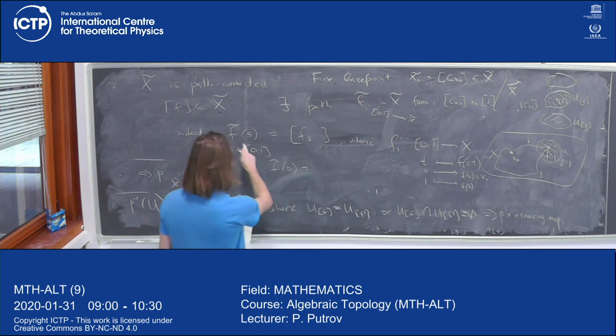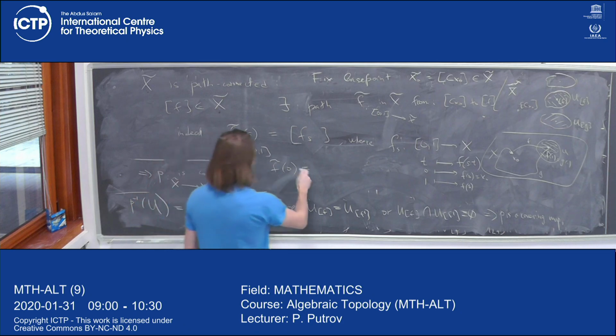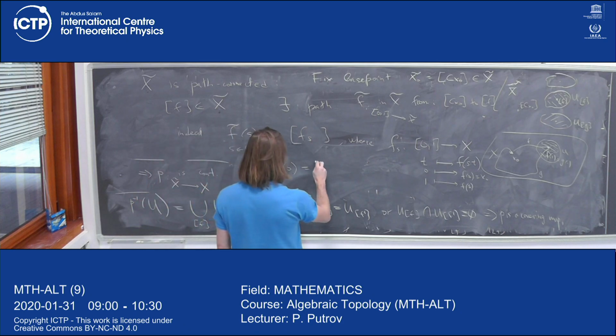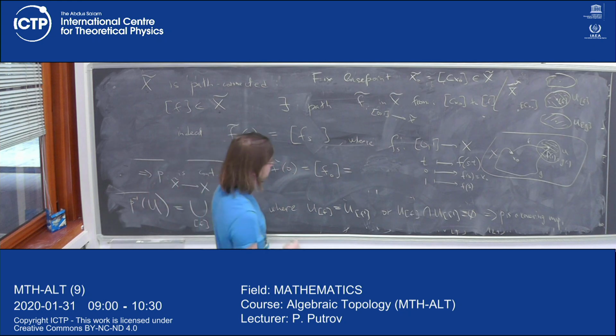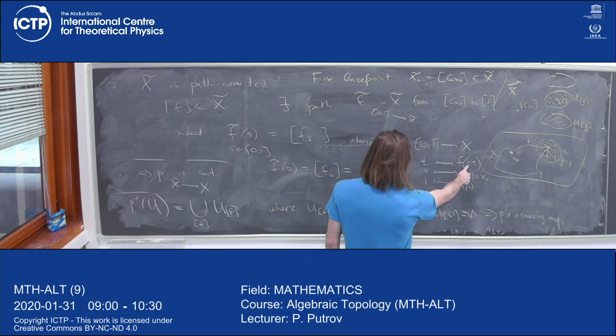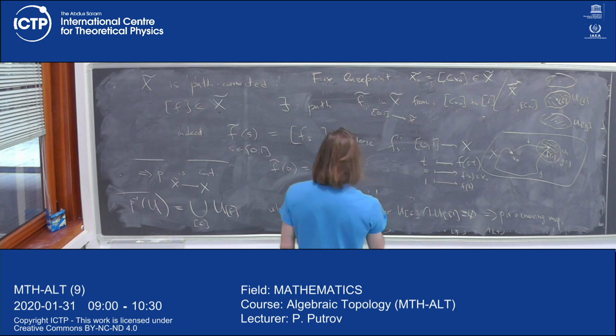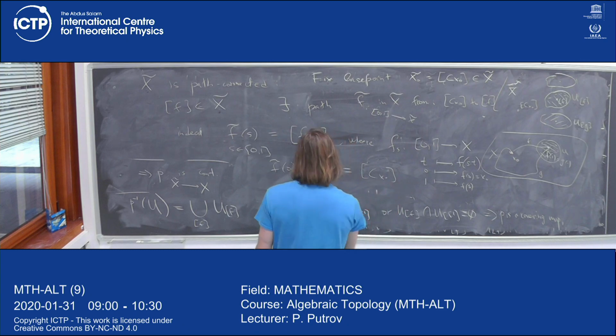So we have to check what the start point of this path is. F tilde of 0 is a class of f_0. When s is 0, this is indeed a constant path staying at x0.